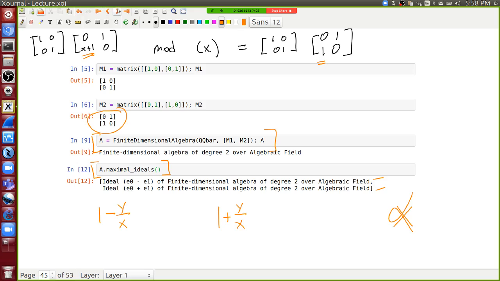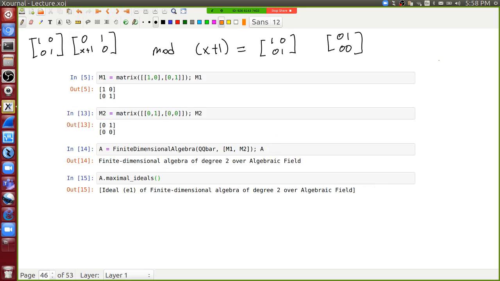I'm just going to do the same thing with this other point over here. So I'm now doing mod x minus 1. That becomes a 0. Put a 0 in here. Do the same decomposition. Now we just get a single ideal. That's right, we just get a single ideal because we just have a single point, a single place, ramification 2.